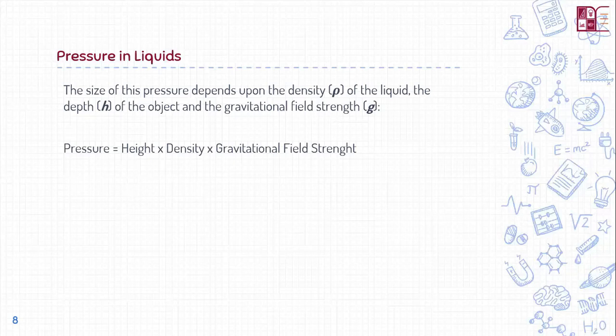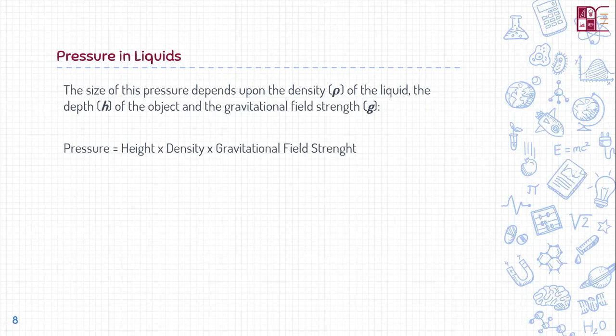Let's say there's a fluid column. What two things are we considering here? The height of the column and the density of the fluid. So P equals rho g h. Rho is what we call the density. You can see it's a tilted p.